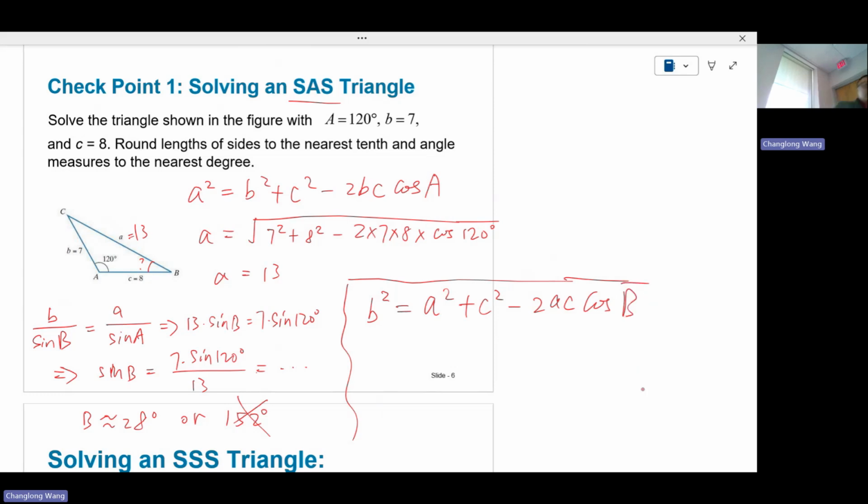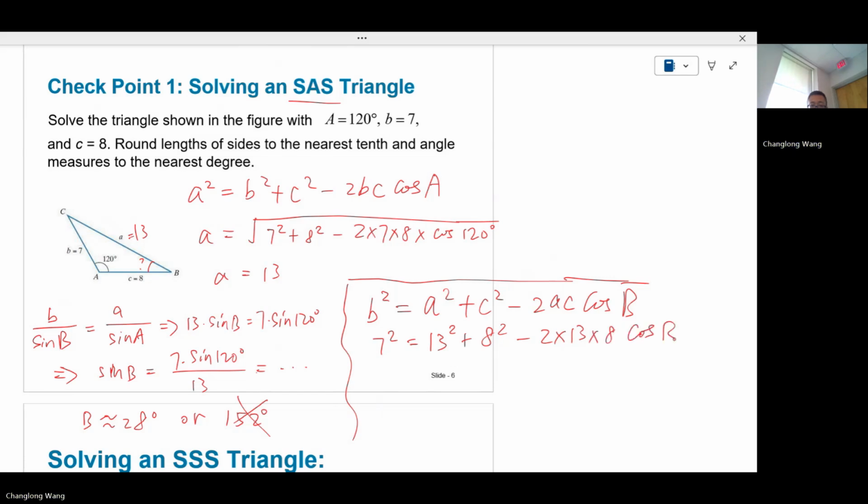But in this case, unfortunately, you don't have the cosine B isolated for you. You just have to do it on your own, right? But we have everything, right? Let's see. We have B squared, which is 7 squared, equals A squared. Wait, A is 13. Well, it doesn't matter the order, but 13 squared plus C squared, minus 2 times 13 times 8, right?